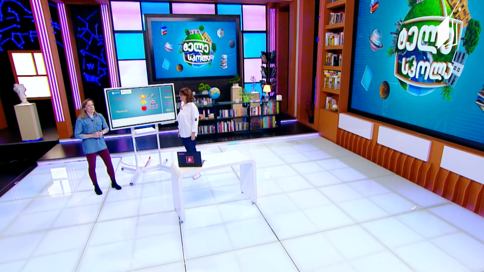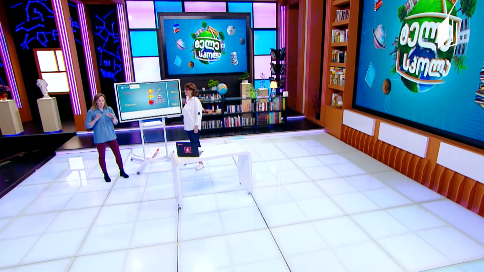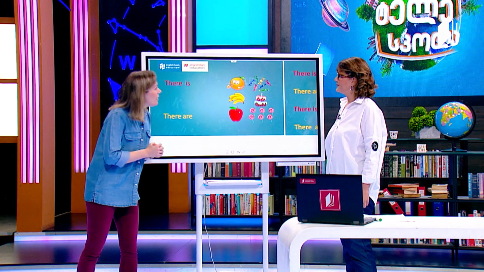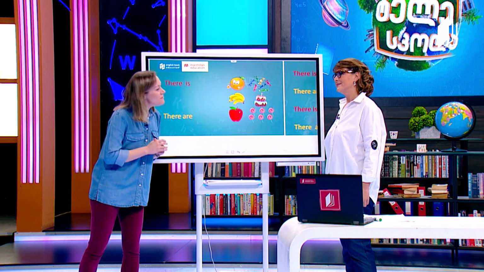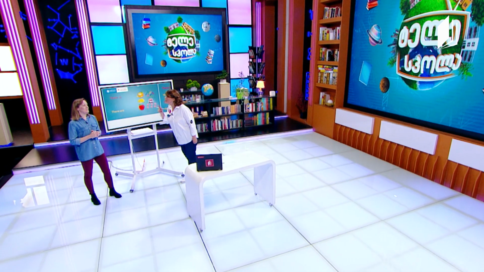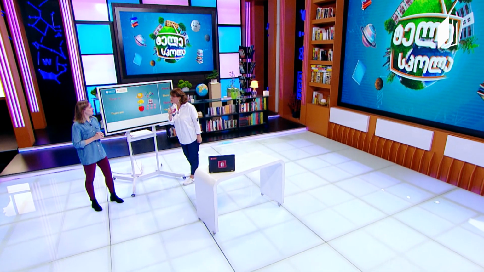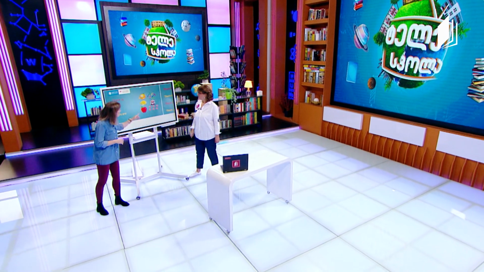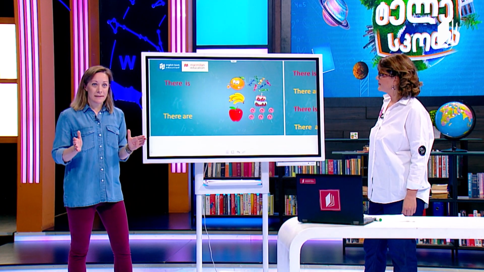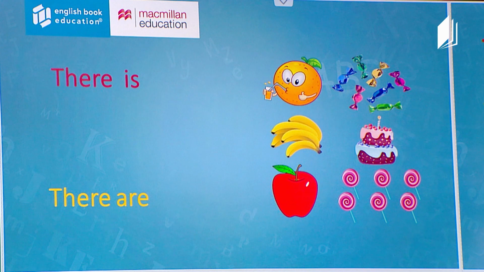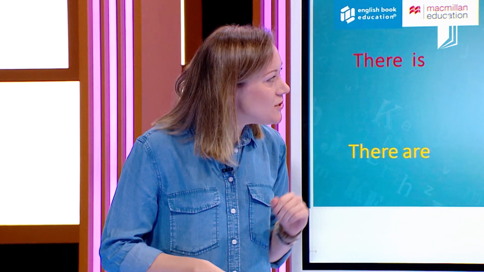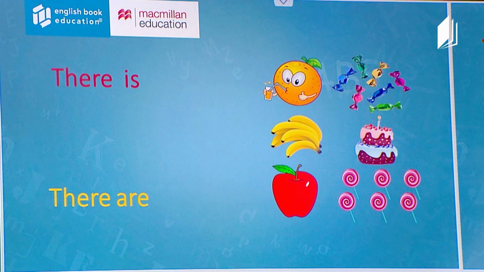Yeah. It's sweets. Sweets. And there are 1, 2, 3, 4, 5, 6, 7. 7 sweets. Don't forget about plural. Right, next we have bananas. Bananas, with an S at the end, also plural. And we have 1, 2, 3, 4, 5 bananas.